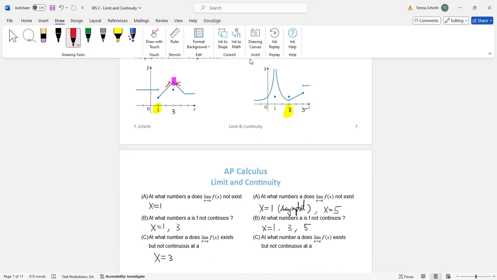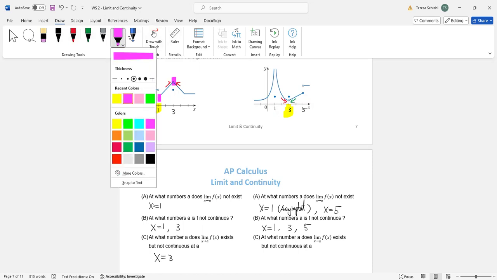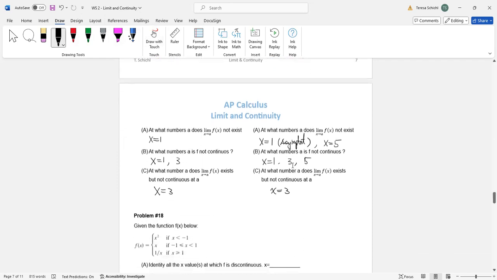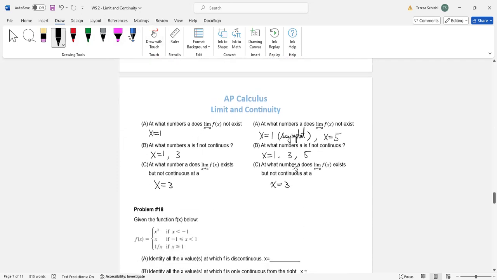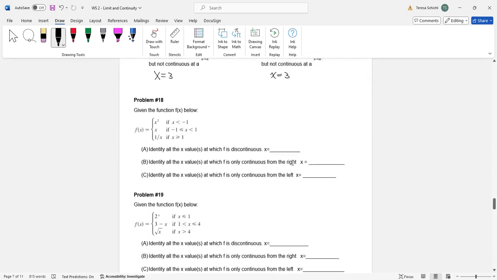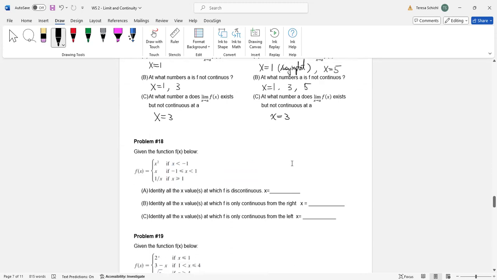Because when we come from the left and from the right, they both approach this limit, but the function value is different. So when x equals 3, the limit exists, but it's not continuous because the limit does not equal the function value. Okay, now let's take a look at the next question.